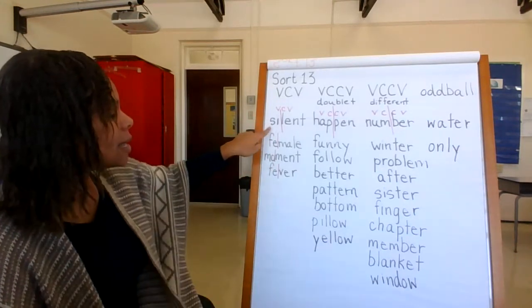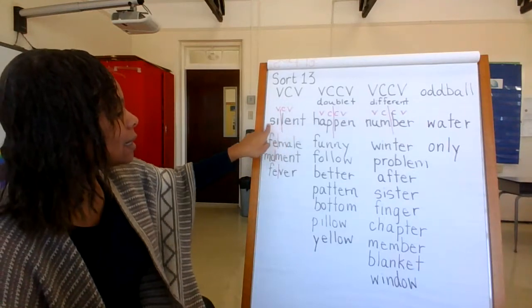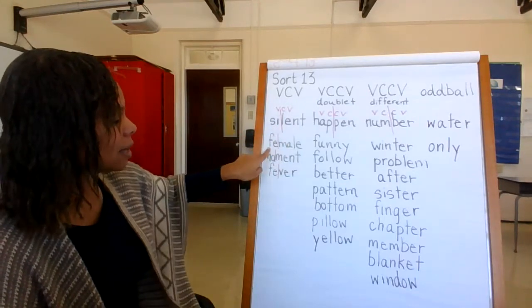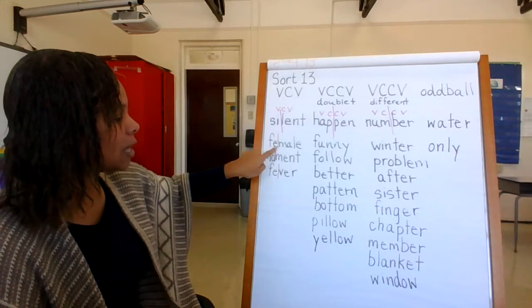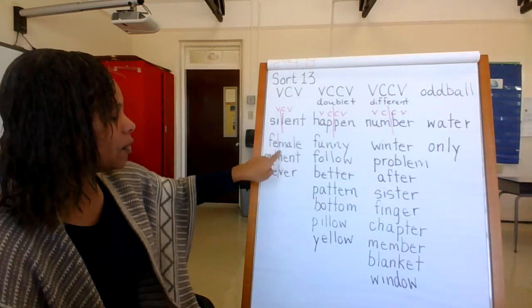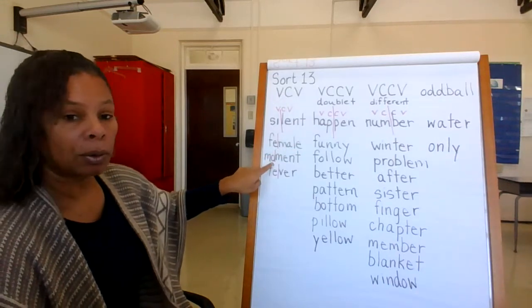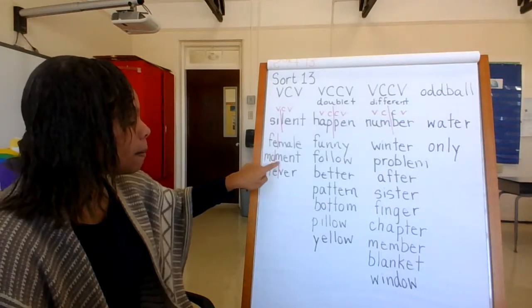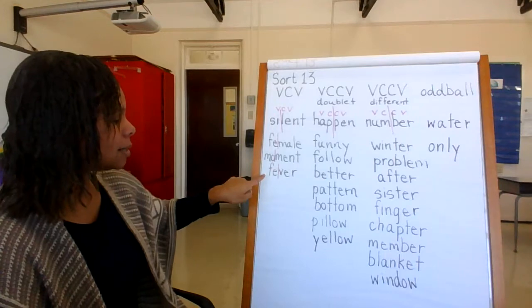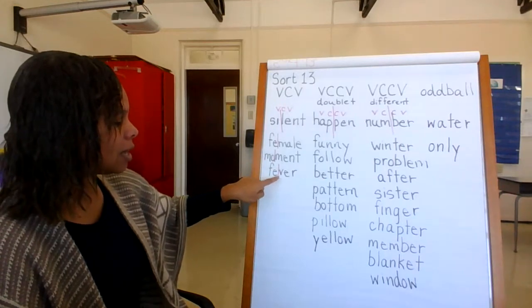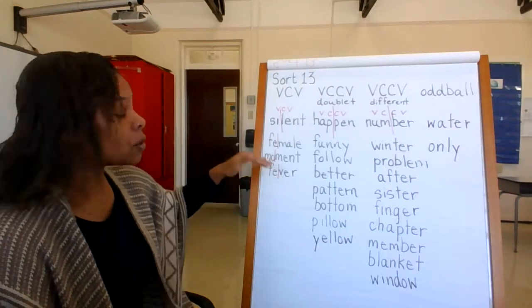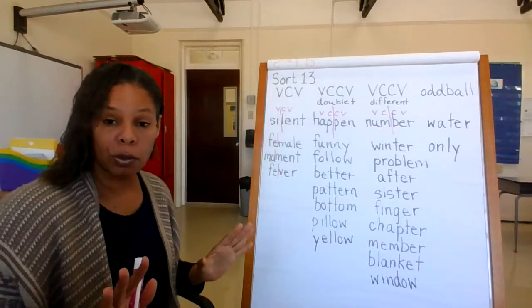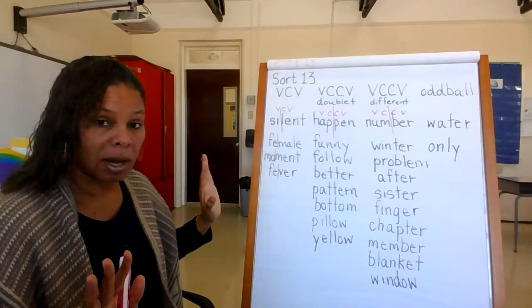F-E, female, female, M-O, mo, that's a long O, moment, moment, and fever, fever. So all of these words follow the rule that I told you. Okay, so hope you guys found that straightforward.